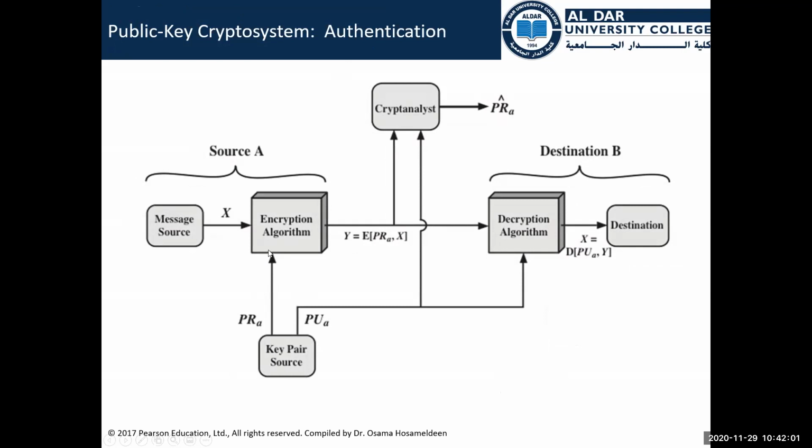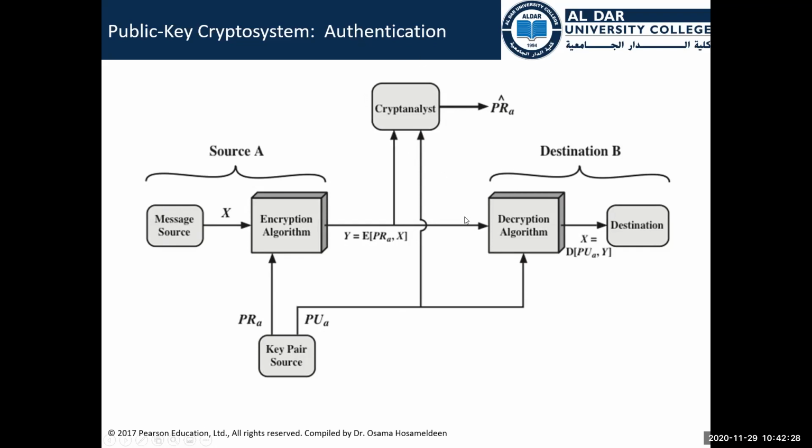The private key of the sender is used in encryption, and then the data is sent through the insecure channel, reaching the destination. The destination is going to use the public key of the sender. And now, if the destination can decrypt this data, he is making sure that this data is coming from source A, not from somebody else.